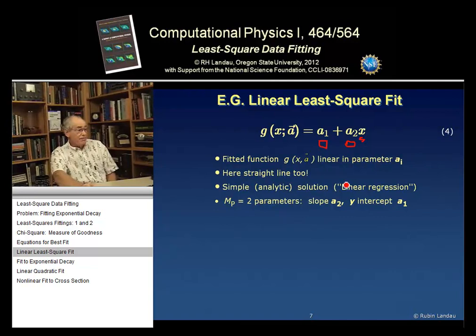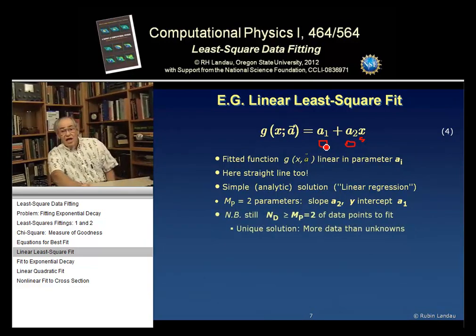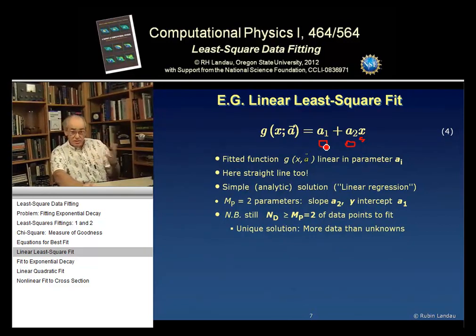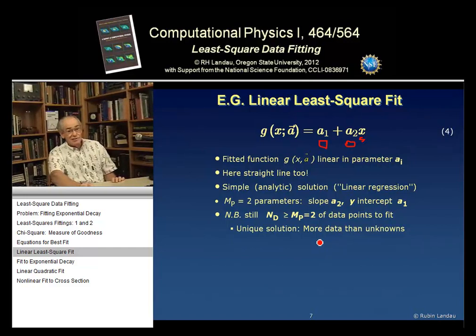Equation 4. We have the slope, a sub 2, and we have the y-intercept a sub 1, which we want to fit to data. Obviously, if you want to fit to data, you have to have at least 2 data points, preferably more, to get a good solution and to get a unique solution. The rule of thumb still holds. Mathematics is still valid.